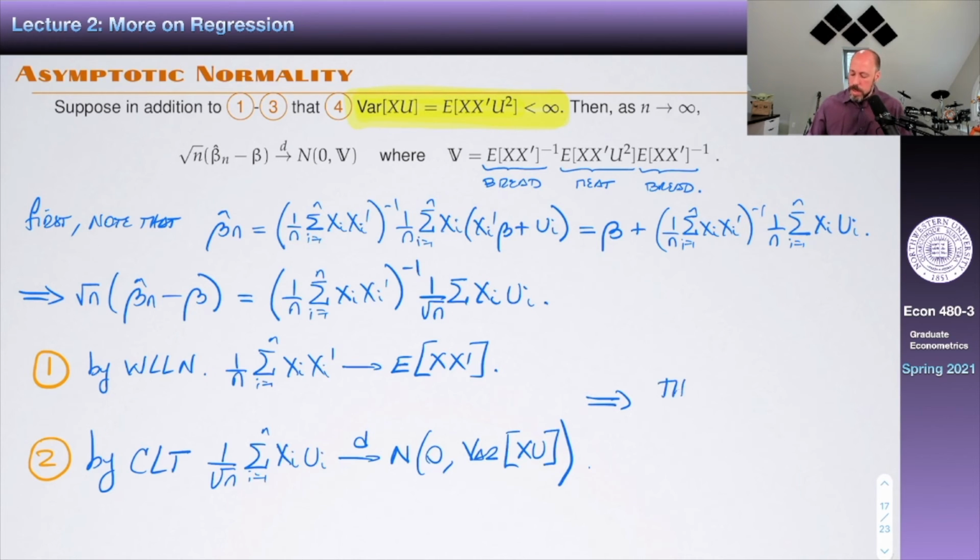And the result follows from the continuous mapping theorem. Questions about this?